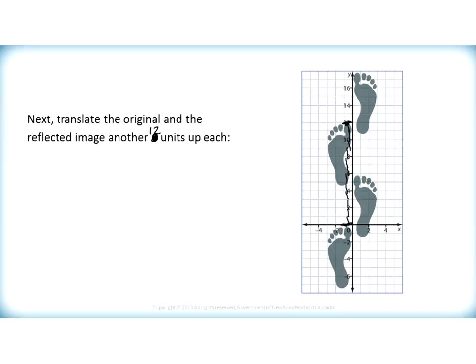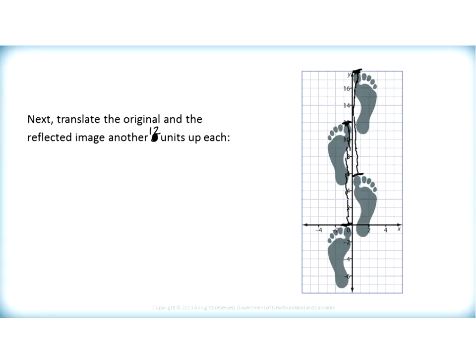And I'm going to do the same with my reflected image. I started here, then I'm going to go up 1, 2, 3, 4, 5, 6, 7, 8, 9, 10, 11, 12 units up. So I end up right here.